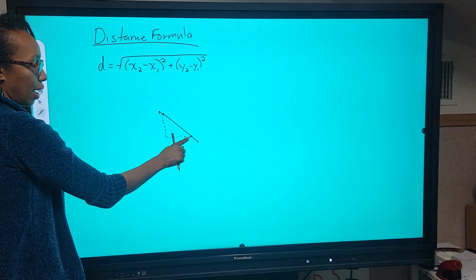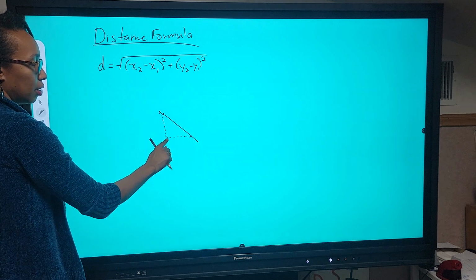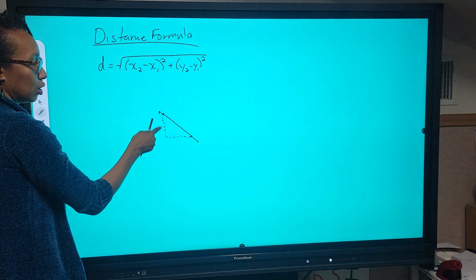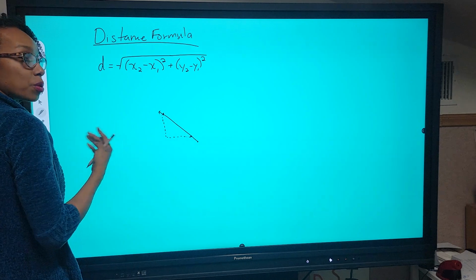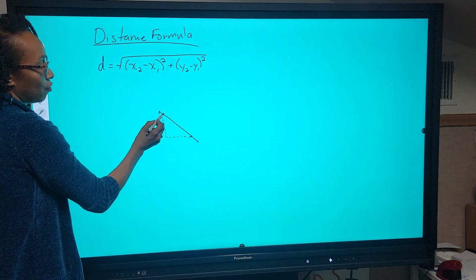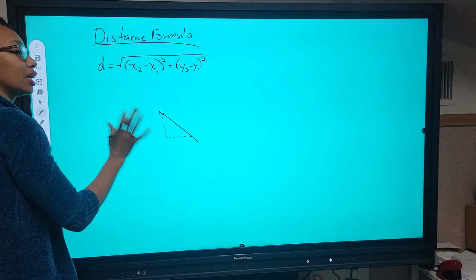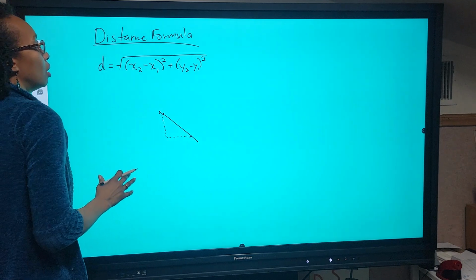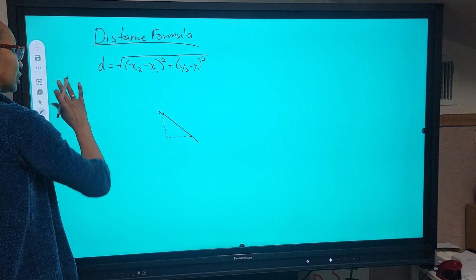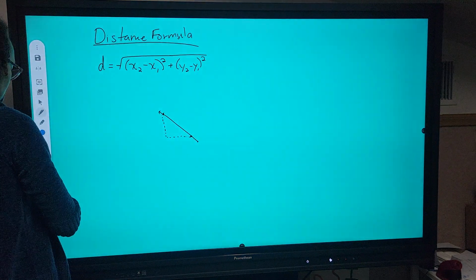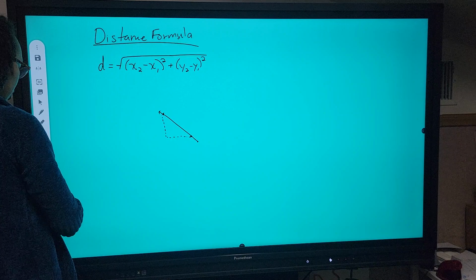So if I know how far it is from here to here, and how far it is from here to here, using a form of our Pythagorean theorem, I can then find the distance here, which is like our length. Again, the book explains that a little better, but this is where it's coming from. I just want to show you how to use the formula.